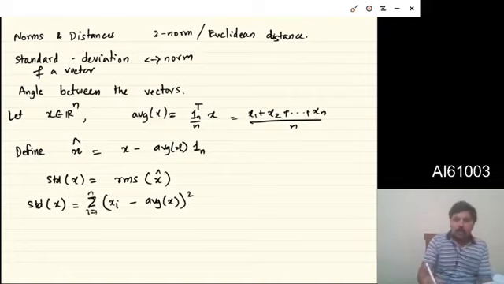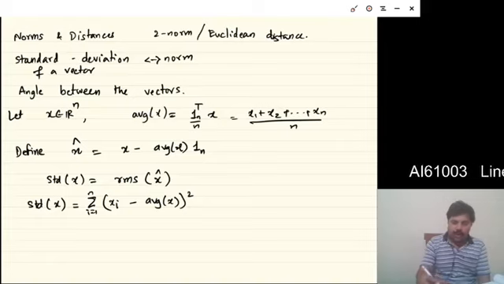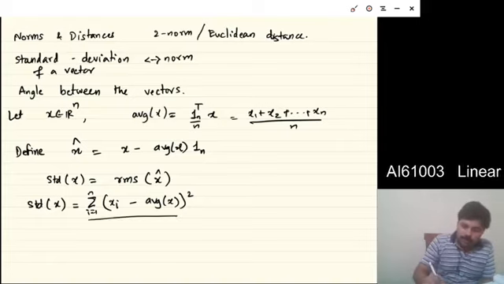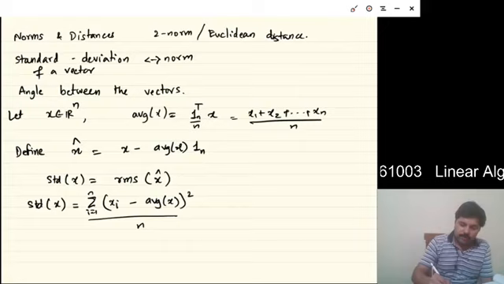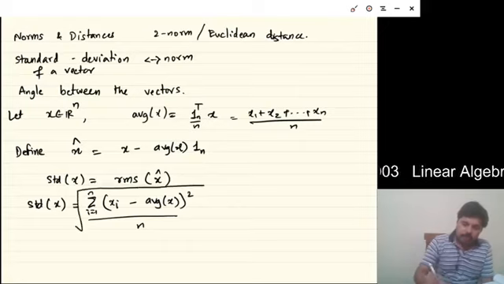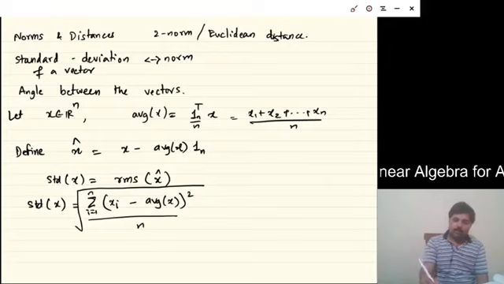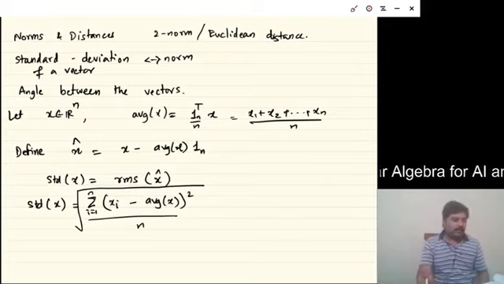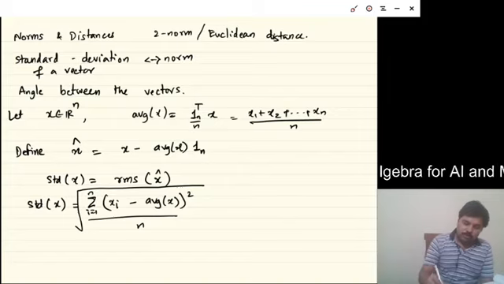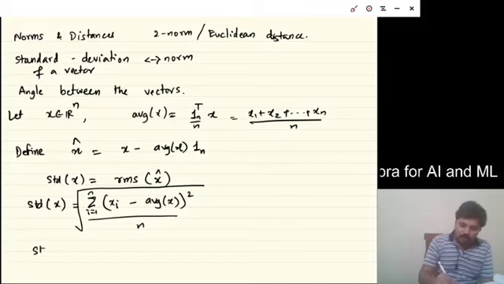That's the norm square of x hat. You have to divide it by n. So this is the mean square of x hat, and in order to obtain the root mean square, you take a square root of it. This is the root mean square of x hat, which is nothing but the standard deviation of x.